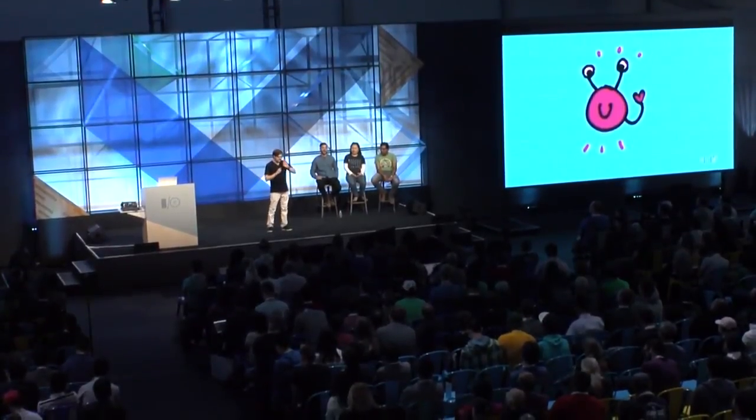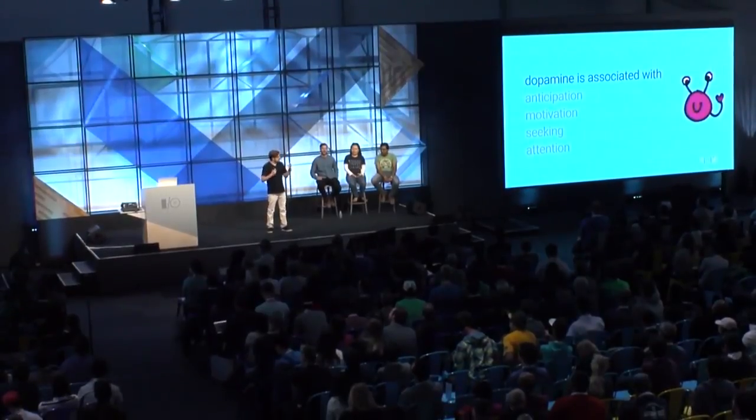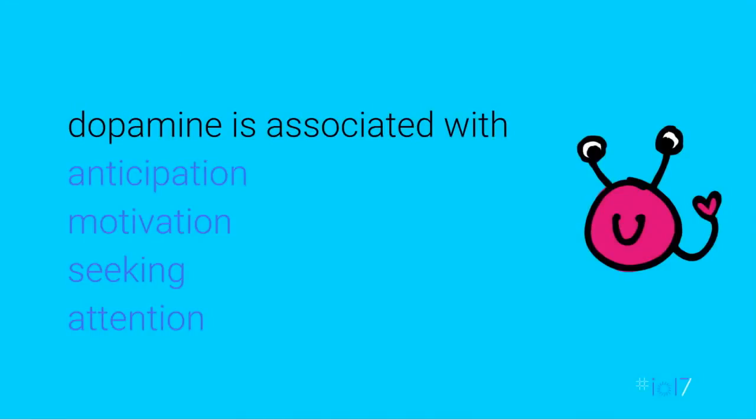But what we're going to talk about today is the things it's associated with that I show here. So things like anticipation of reward, motivation, seeking rewards, your attention, salience, being in the moment and looking for something.